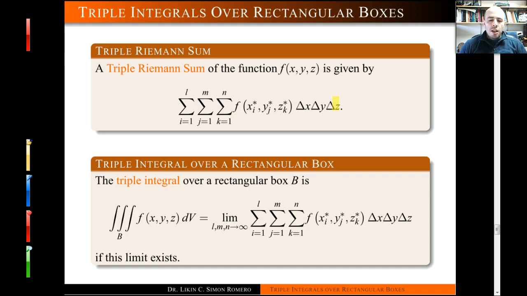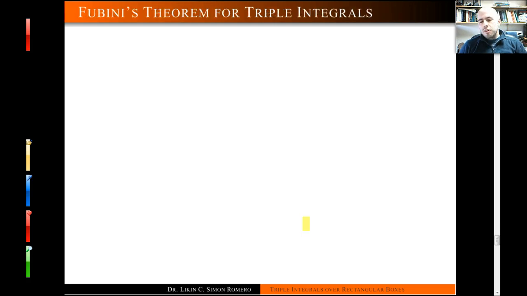In other words, it is the limit when we take smaller and smaller rectangular boxes, or another way to say it, we are subdividing the original intervals into more and more pieces.